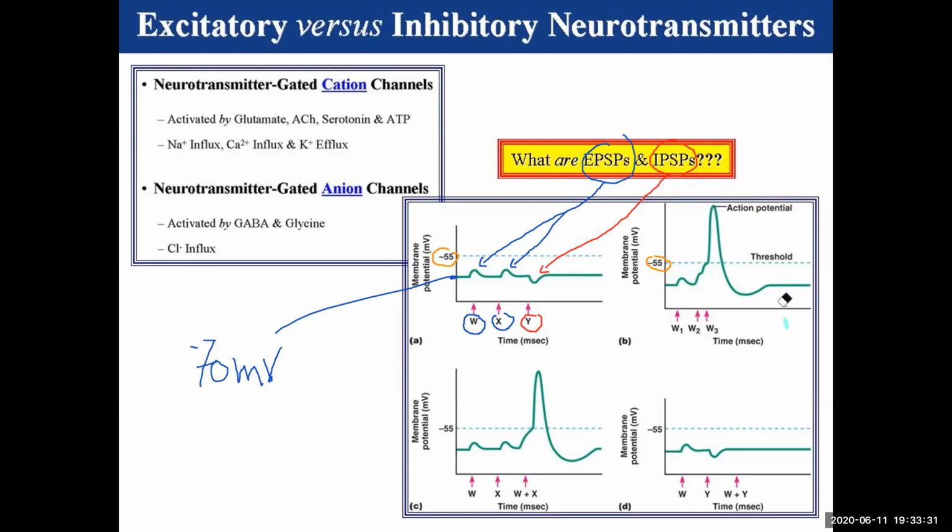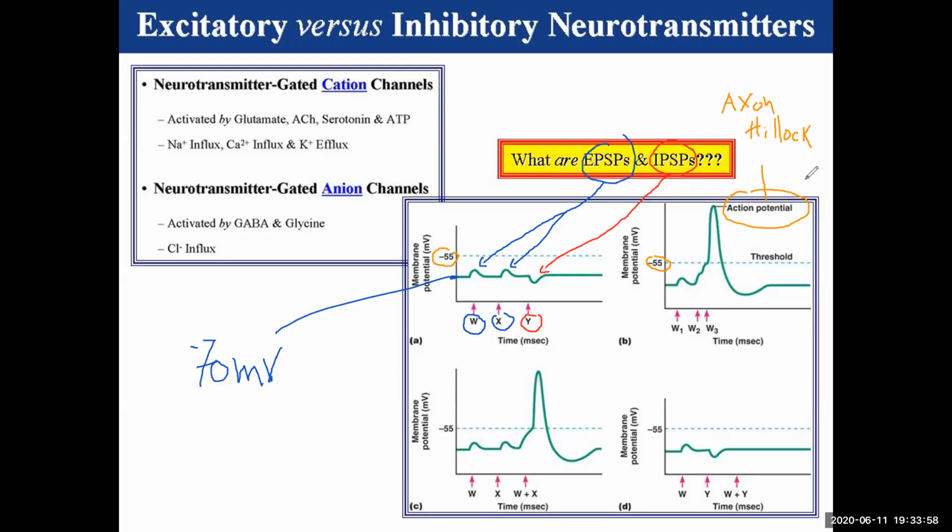And when we talk about action potential, this is generated by the axon hillock, connecting the cell body to the axon.